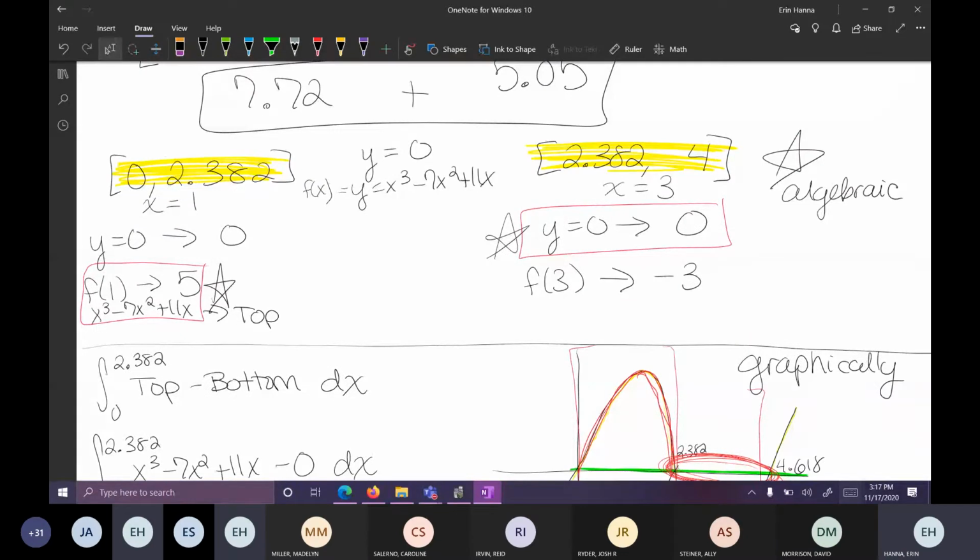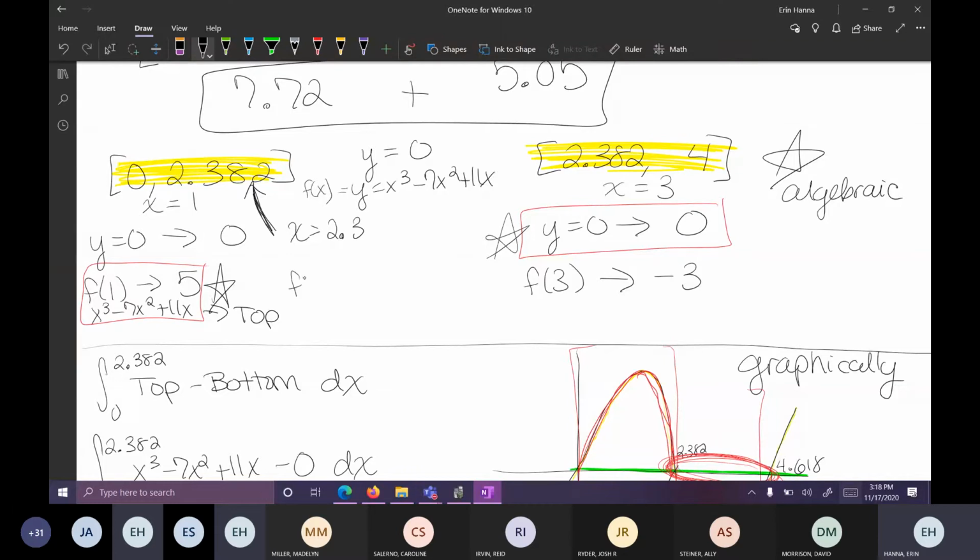It should still turn out that one of them is larger or smaller than the other. Even if in this interval I let my value be 2.3, because that's technically less than 2.382, I could plug that in.